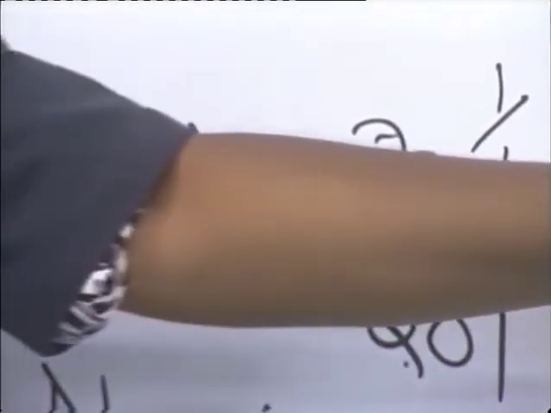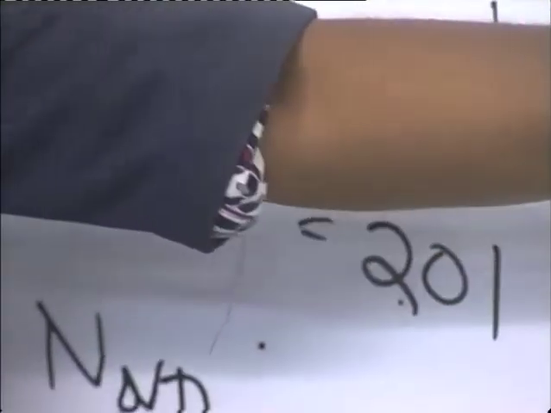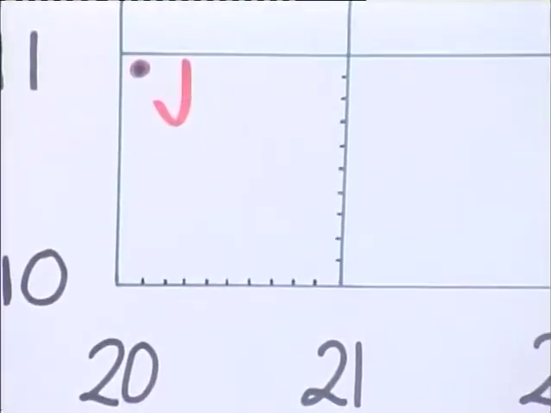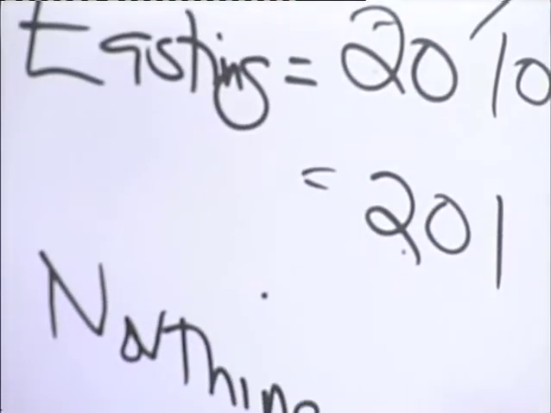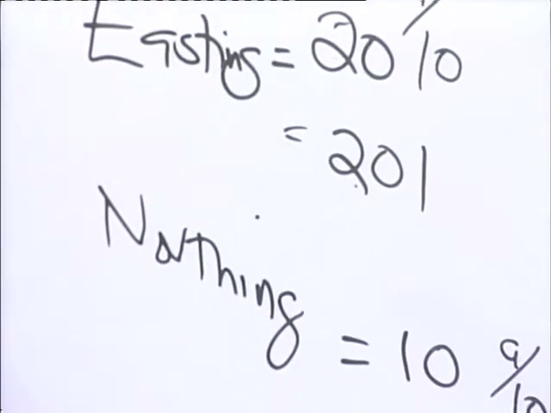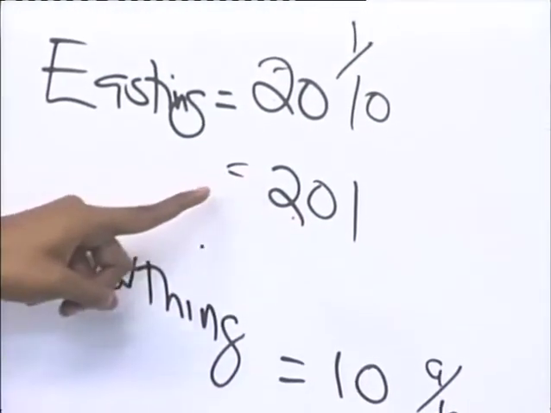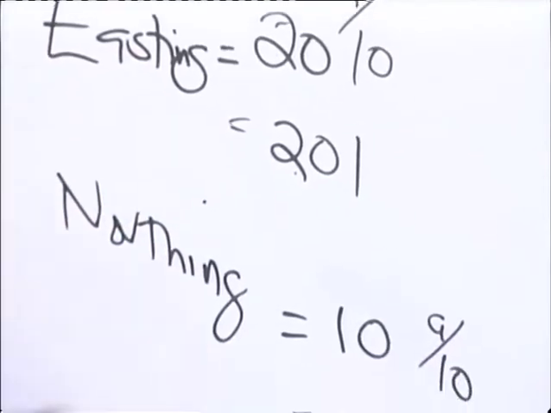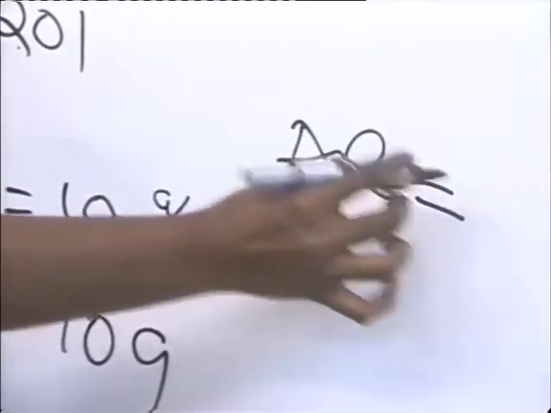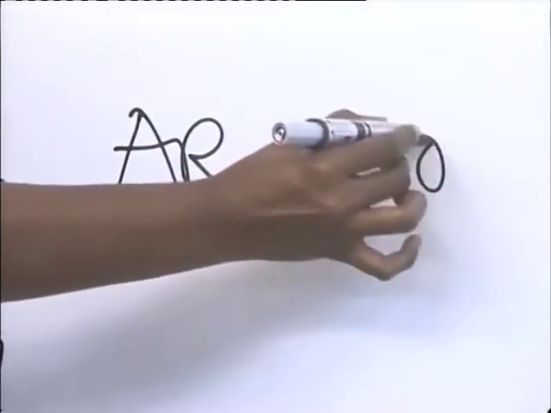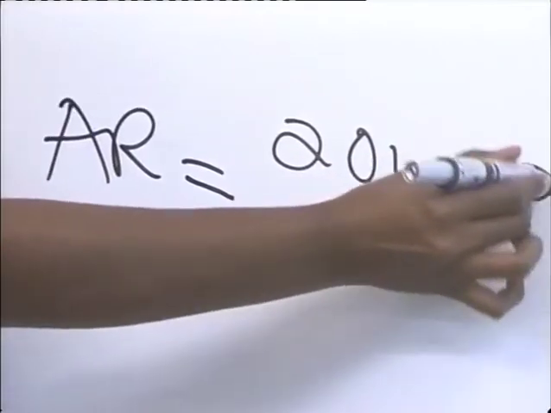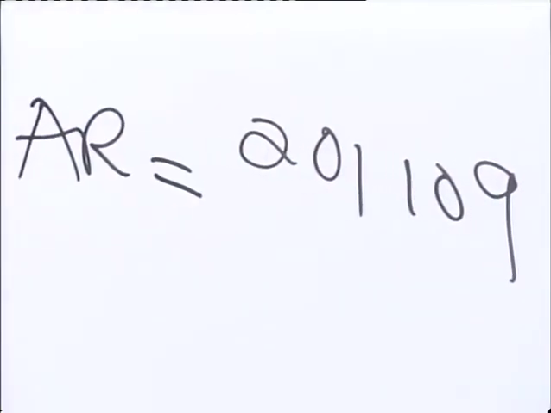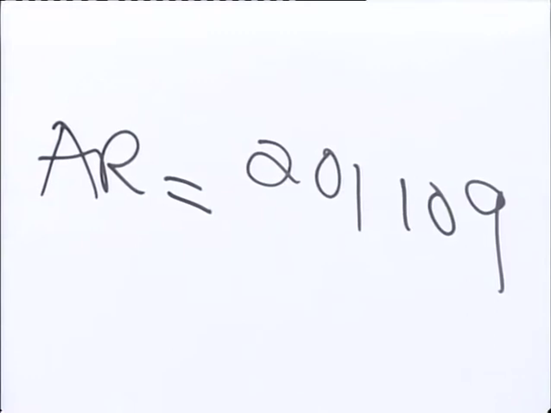We said northing 10. How many tenths can you estimate? 9 tenths. So instead of writing 10 over 9, you write 10 9 or 109. Putting this together, easting and northing, your area reference for J is 201 109. Easting must come first.